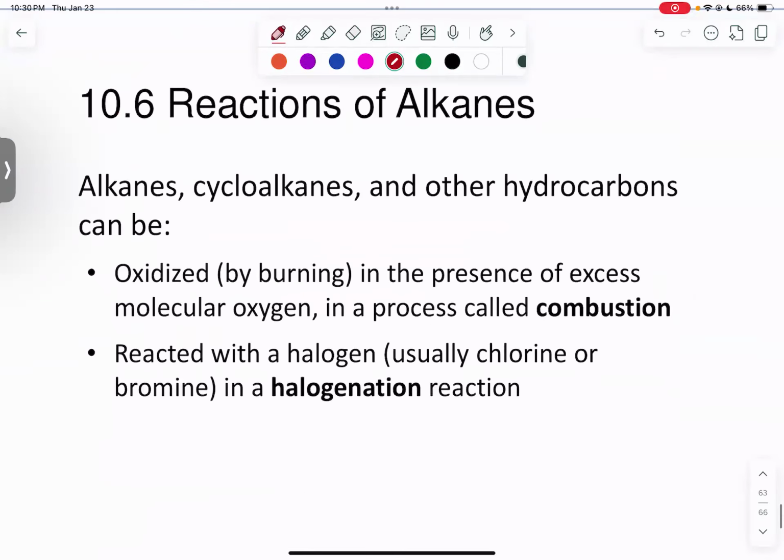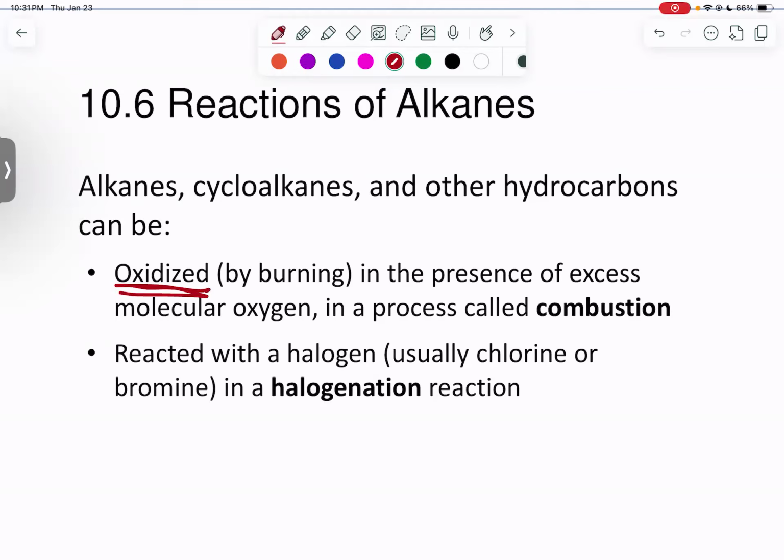So the very end of this chapter covers reactions of alkanes, where we look at what can happen to alkanes. We know that alkanes can be oxidized, and we do this all the time. When you're driving a car, what are you doing? You are oxidizing alkanes, because that's what gasoline is.